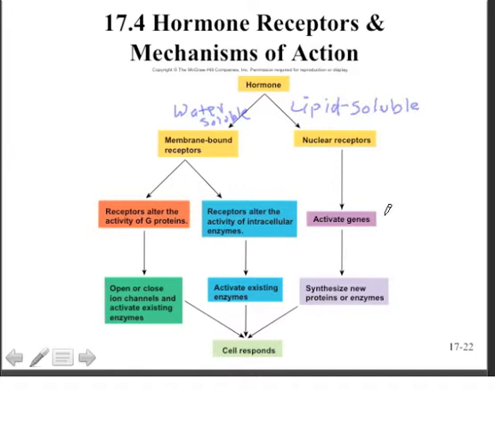For the lipid-soluble hormones, we're going to activate certain clusters of genes as a result of the hormone receptor complex binding to the promoter and, along with other transcription factors, turning the gene on or off and producing or shutting down the production of a particular gene product, and that's what will generate the desired response in the target tissue.